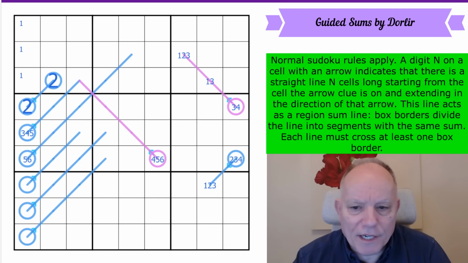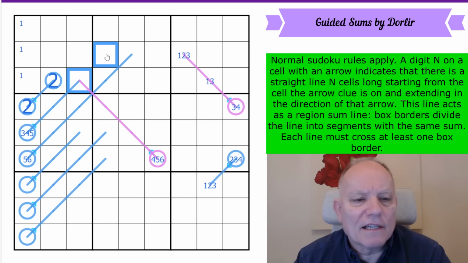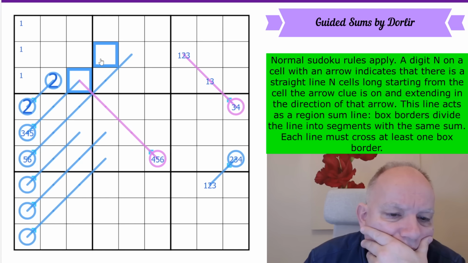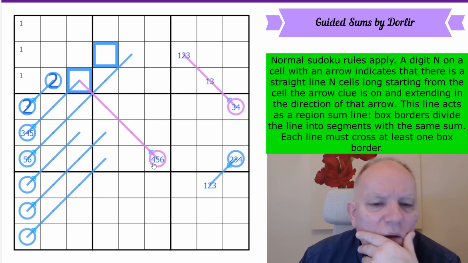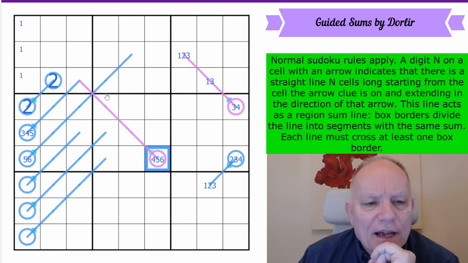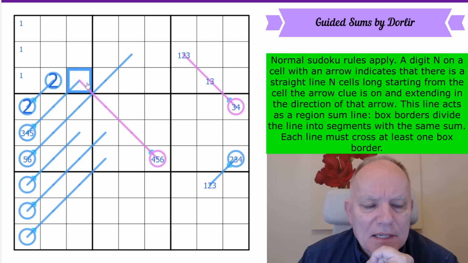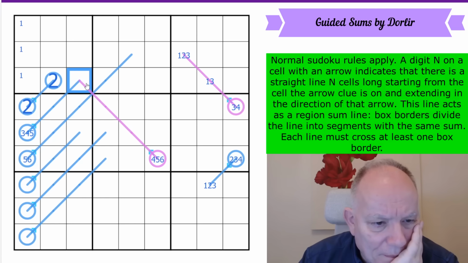This is strange. Okay, so if this digit is a 4, this line is 4 plus that equals that and also equals that. Oh, maybe we could rule... No, it's much less likely we can rule 4 out of here. 4 there would require this to be the sum of these 3, and that could be 7, 8 or 9 this time.